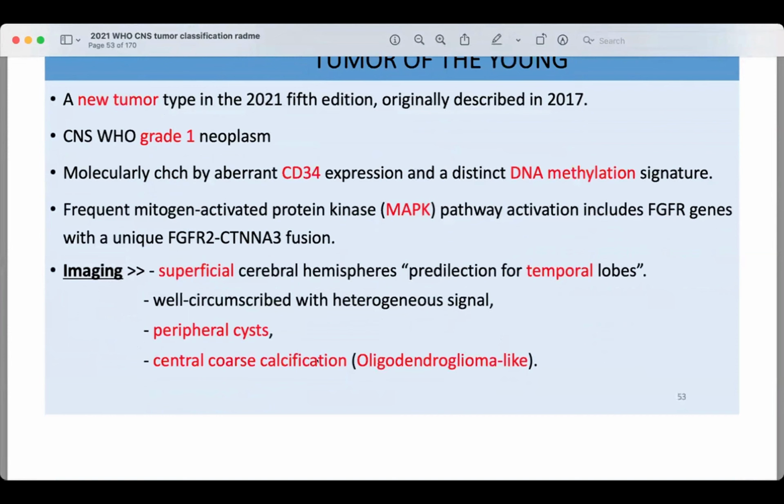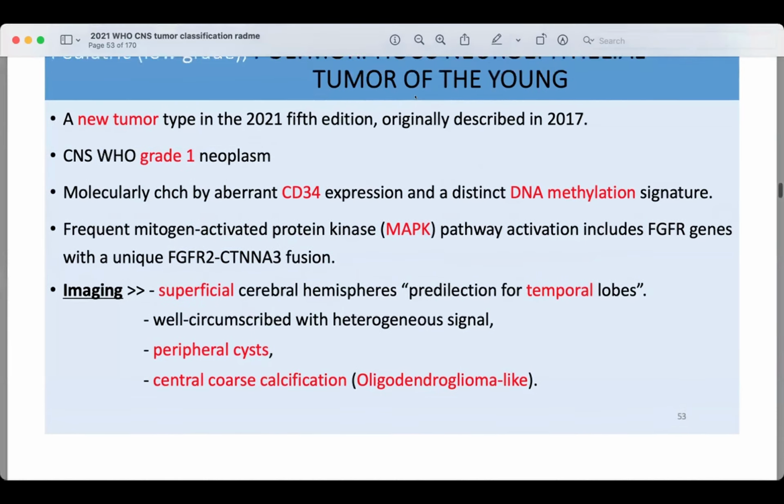So it has some features like the oligodendroglioma, but by the genetic testing and molecular diagnosis, it is different from the oligodendroglioma. As I told you, the oligodendroglioma needs to have the co-deletion of the two genes that we saw in the beginning of the lecture.